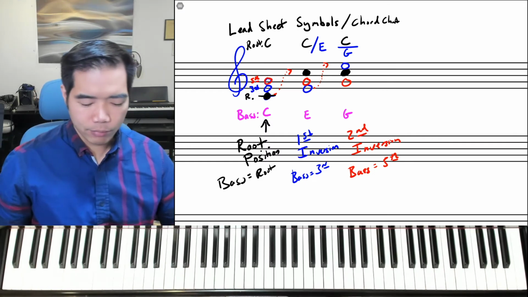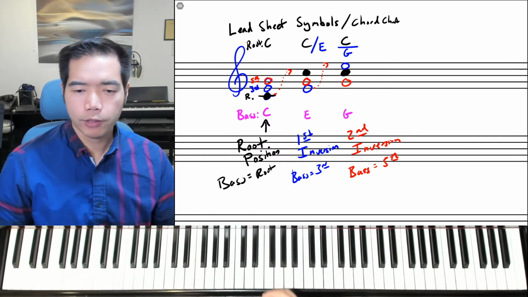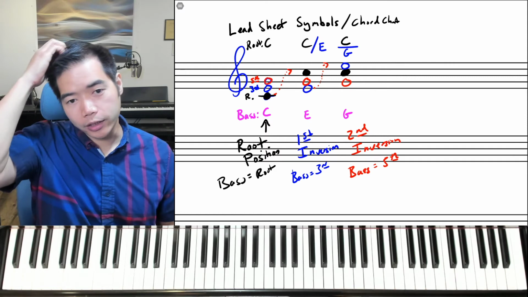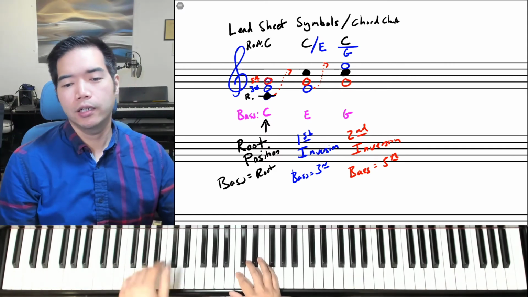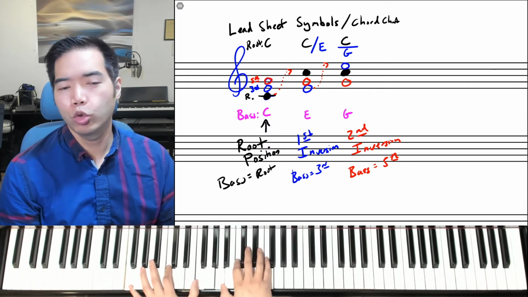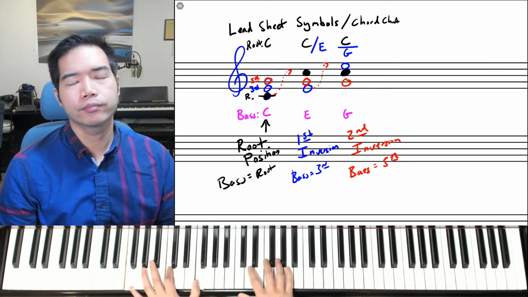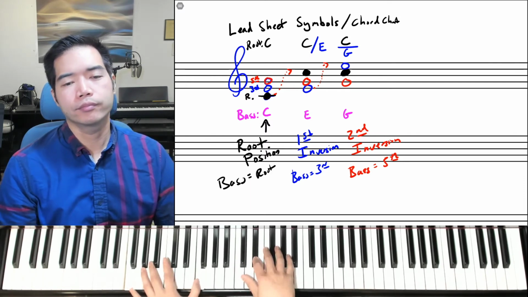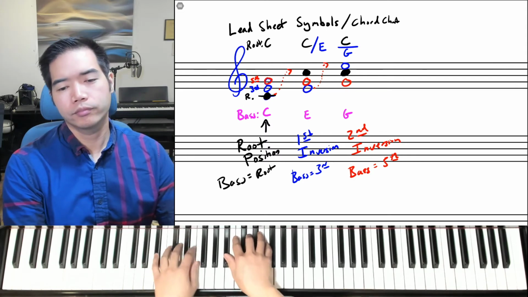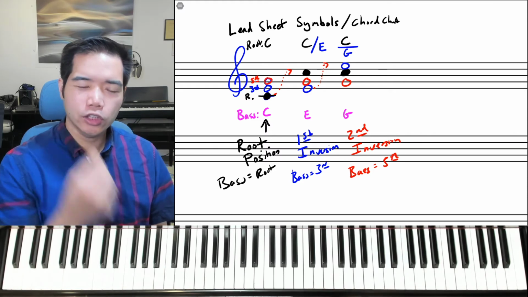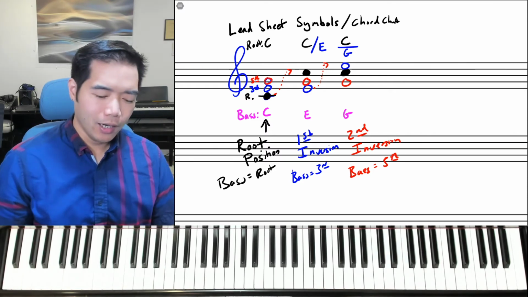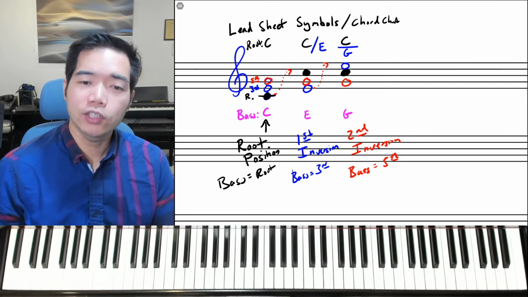Let's say, for example, I was writing a piece of music and I wanted to give it a sense of strength. Maybe I'm doing Amazing Grace. Root position. Okay, gives it a nice solid feeling of strength. Let's say I want to give it a little bit more uncertainty.